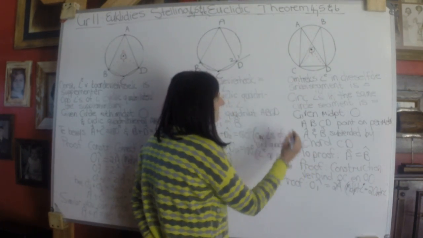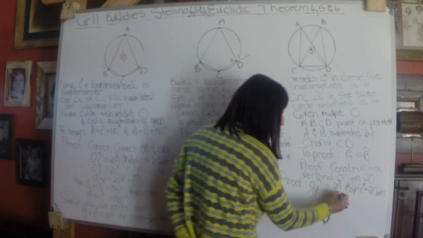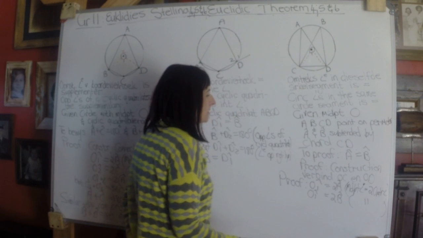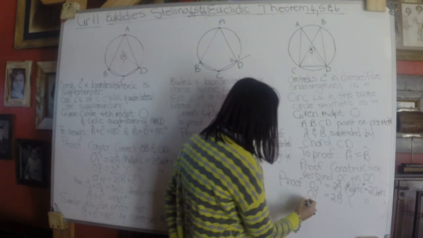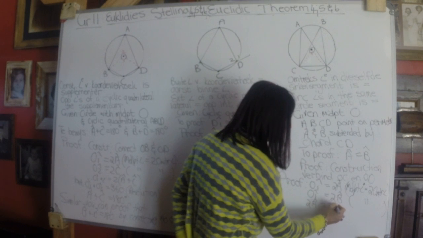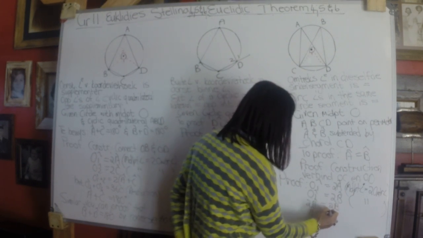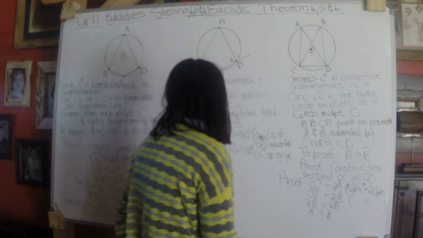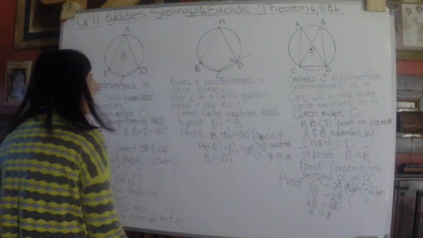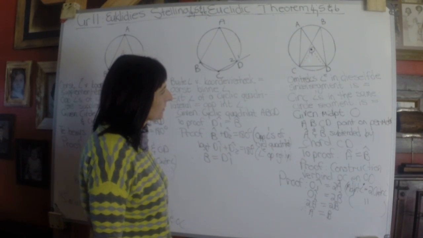Okay, and say the same about the B. Also 2 B's. Same reason. So, in that case, 2A equals 2B, and therefore A equals B. So I've proven that angles on the circumference of the circle are equal to each other.